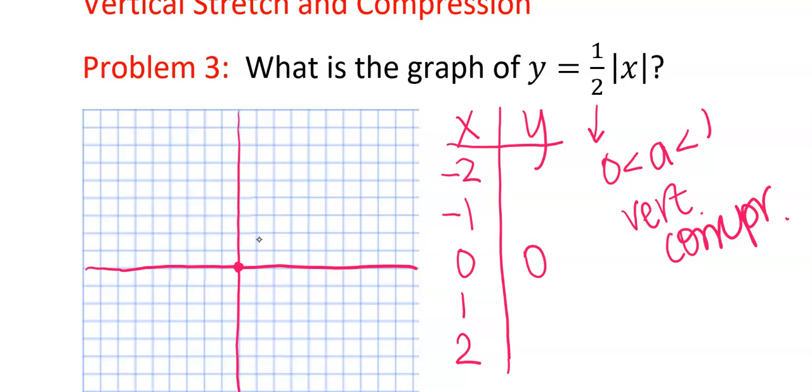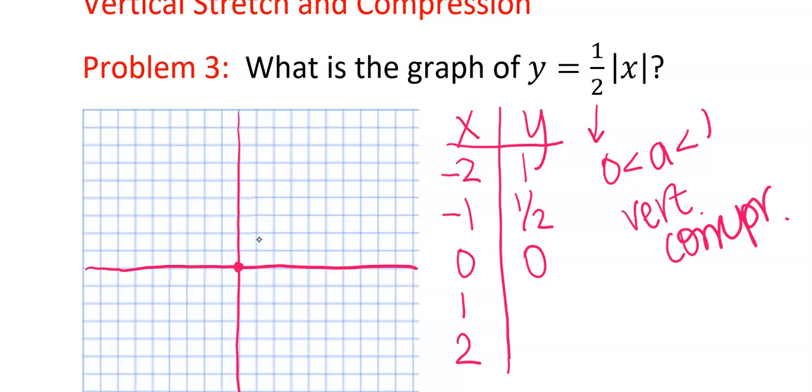If I put in a -2, absolute value of -2 is 2. And what's 2 times 1/2? 1. If I put in a -1, absolute value of -1 is 1. And then 1 times half is half, or 0.5 if you want to put that. Wouldn't the other ones be the same?